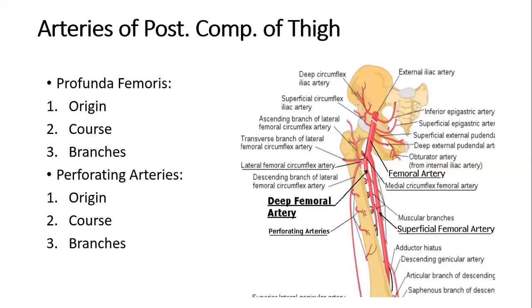So they run between the different compartments of the thigh. How do they enter the posterior compartment? They are going to pierce the aponeurotic distal attachment of the adductor magnus to enter the posterior compartment of the thigh.